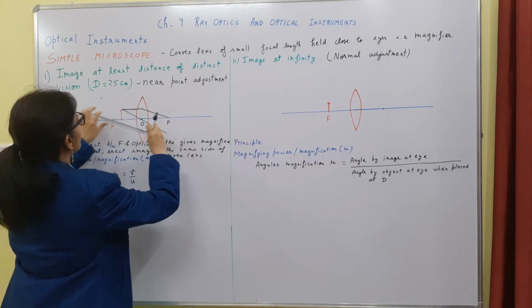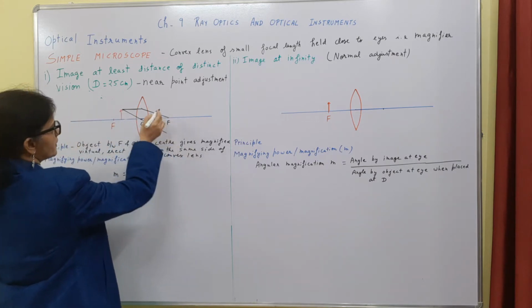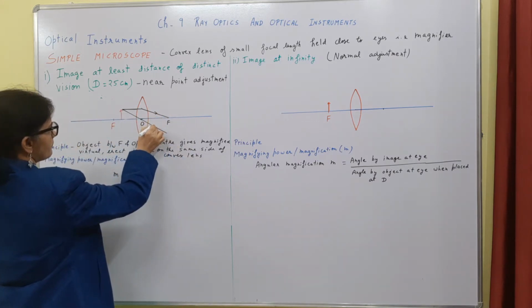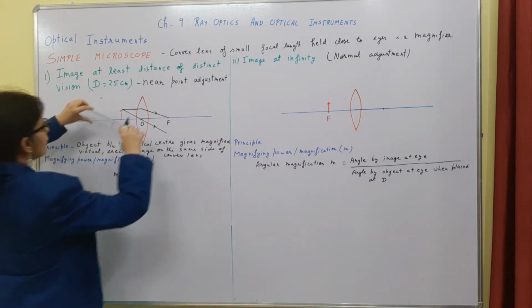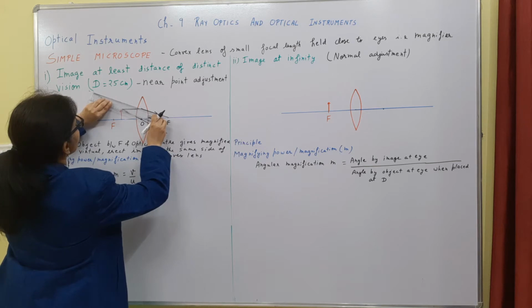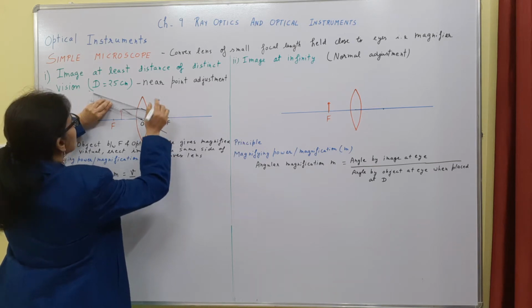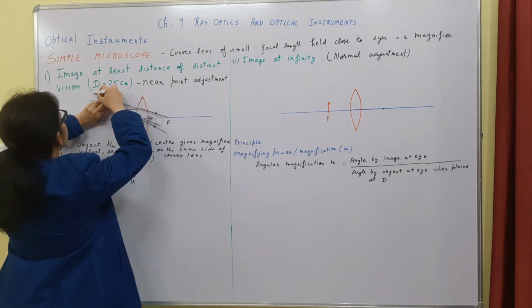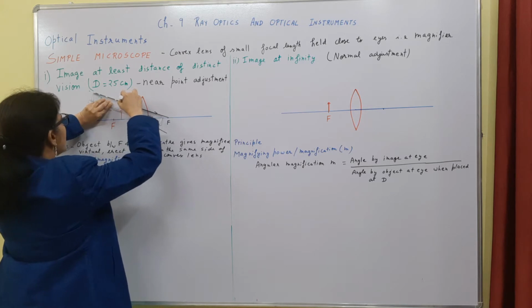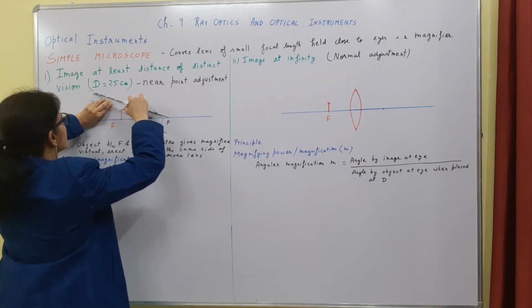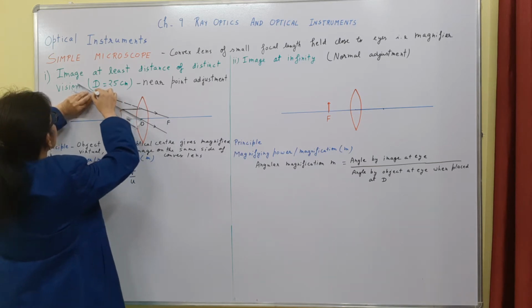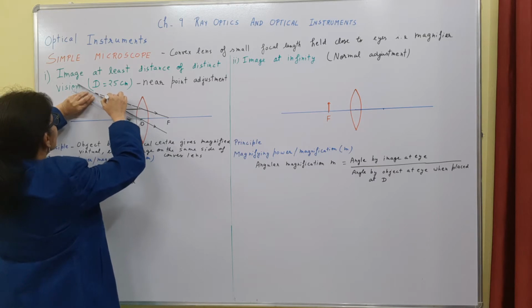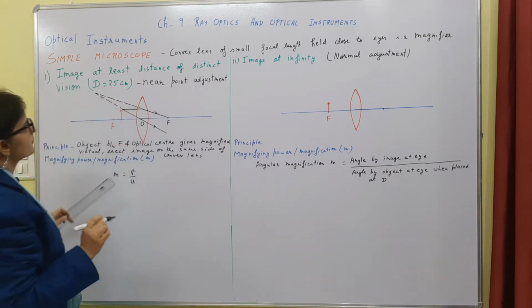Now these will not meet on this side. Since the path of a light ray is reversible, we will have to extend these rays to meet somewhere, and that will be on the same side of the lens. Here also we will extend this, and it will meet somewhere here.